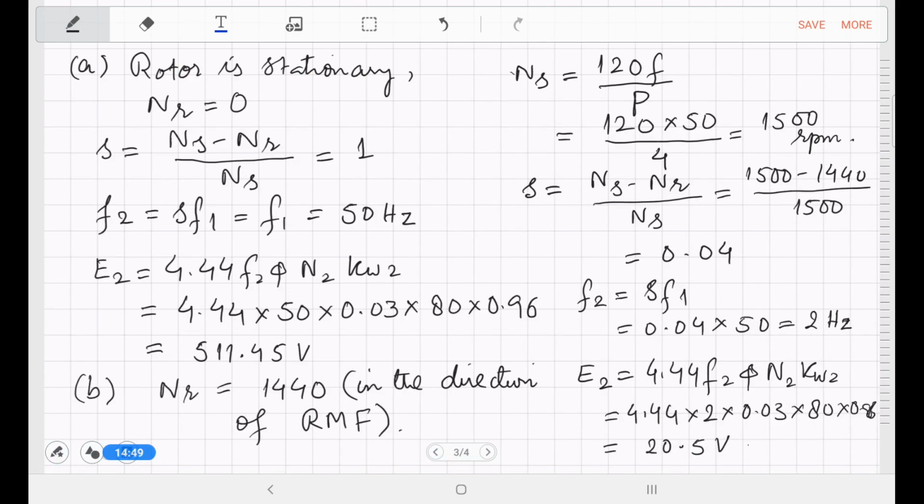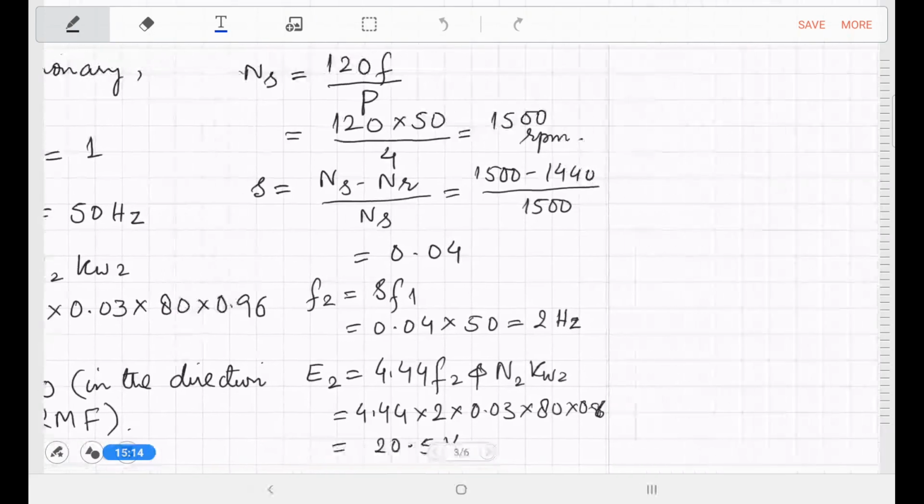So we see that since the speed of the motor is quite high, it is close to synchronous speed. Therefore, the relative speed between the rotating magnetic field and the rotor is small, which corresponds to a small value of slip. The frequency of the induced EMF is small, and also the magnitude of the induced EMF is quite small.